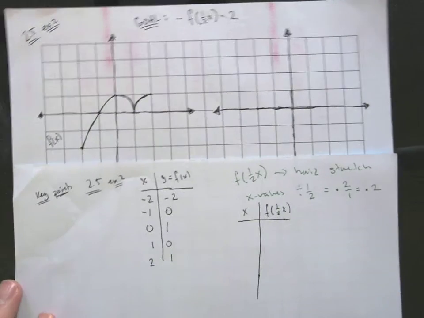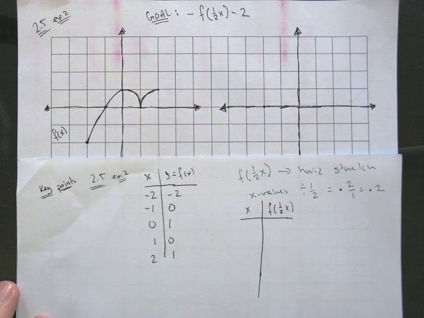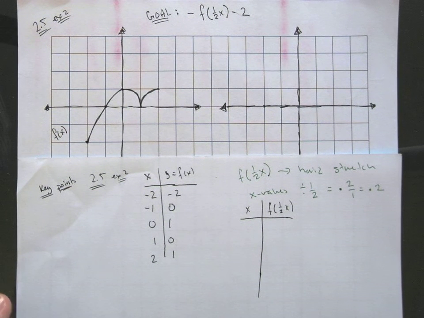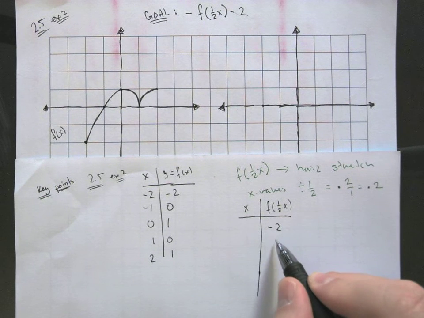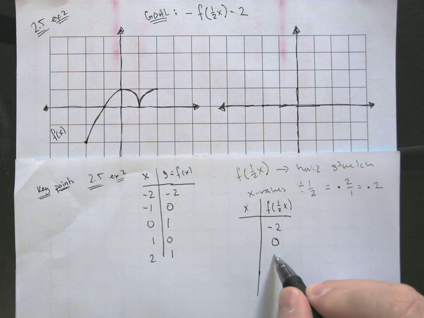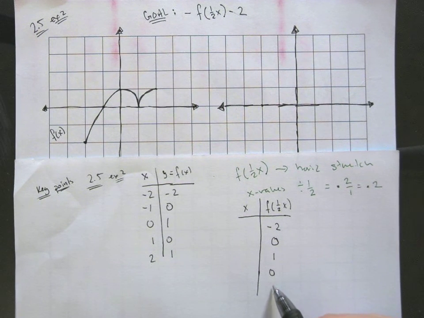Rather than just do this visually, of course you can do that like we did in the last example, that's totally fine. But I'm going to do this strictly on a table. We're going to change our x values. We're actually going to keep the y values the same. So before I do anything else, just to emphasize that, I'm going to rewrite all of our different y values.